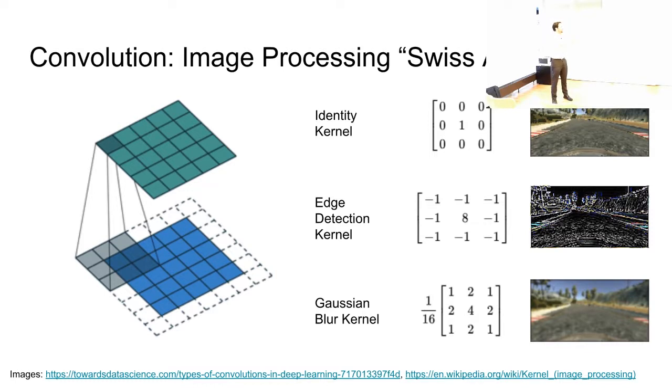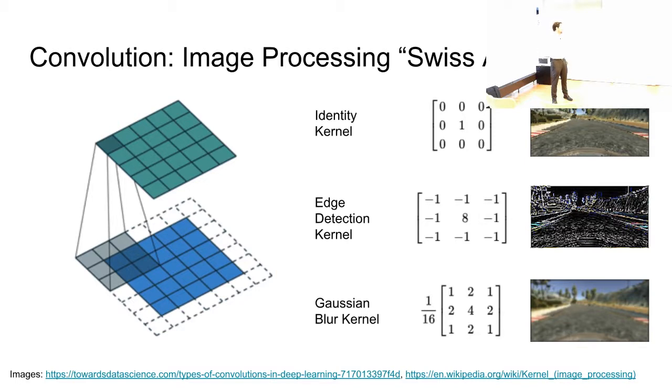So convolution is really quite a simple idea, but also very general. So what we do to use convolution is we define what's called a kernel. It has many names, but I'm going to call it a kernel, which is a small matrix of numbers. We then take our kernel and we line it up with the pixels of the image. And then for each pixel that overlaps, we multiply the pixel value by our kernel value.